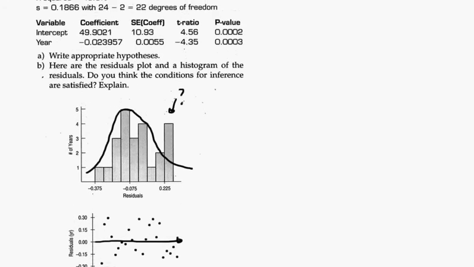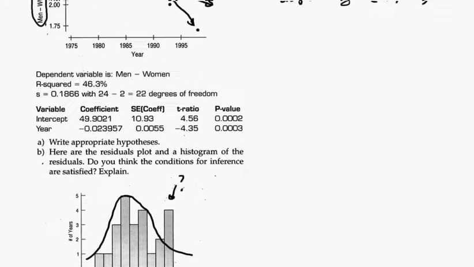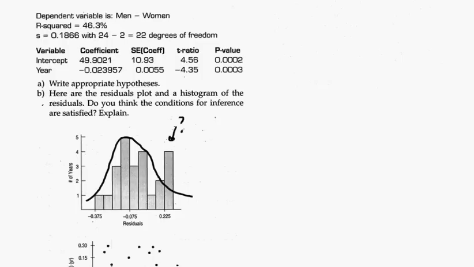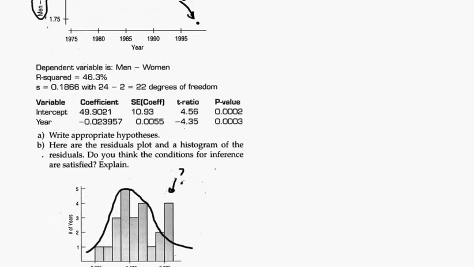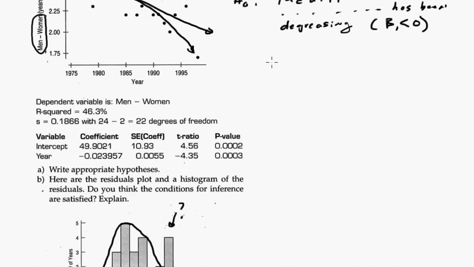I said to not really be overly concerned with the conditions right now, but I wanted to share at least that part with you since they provided the data. We'll go over this in more detail, but for now let's just say that the conditions are met.